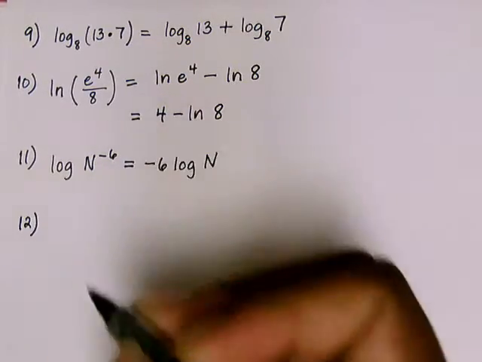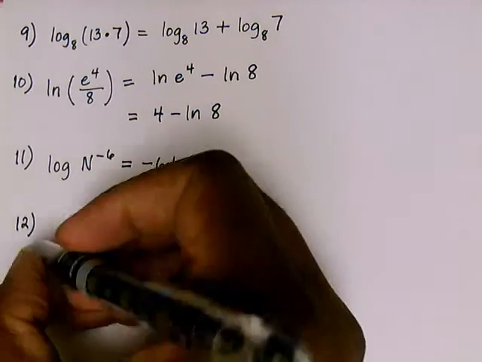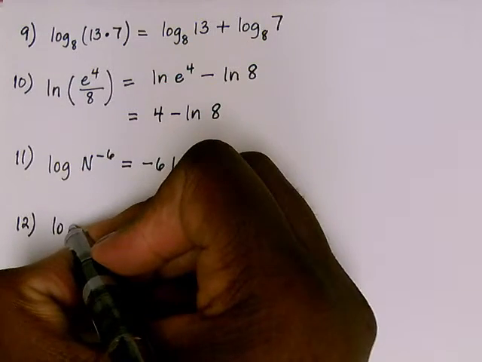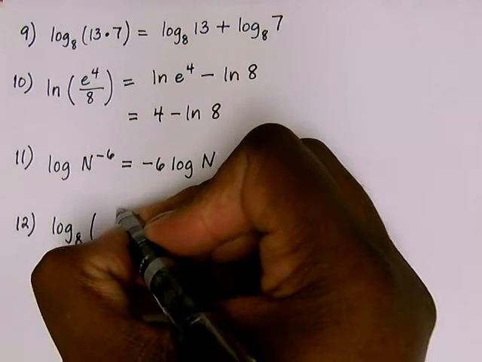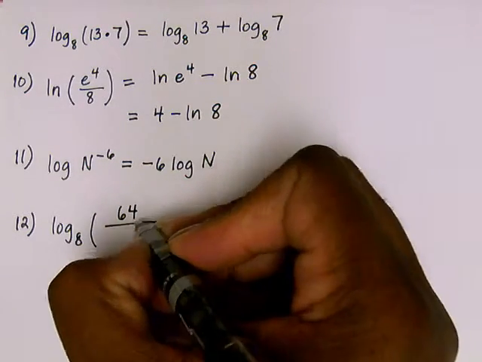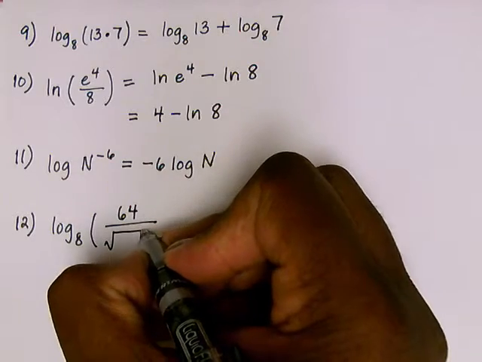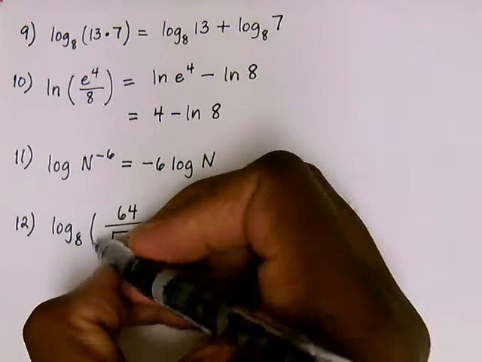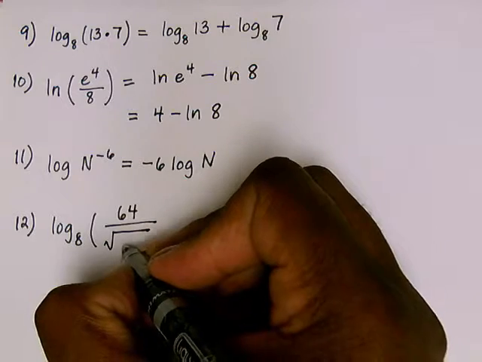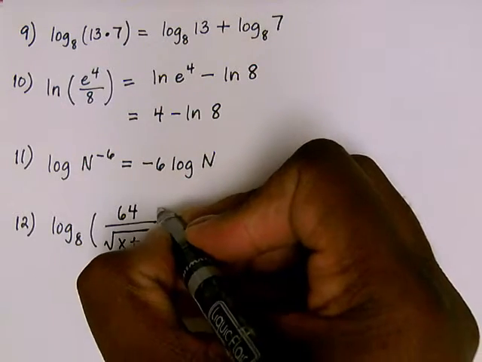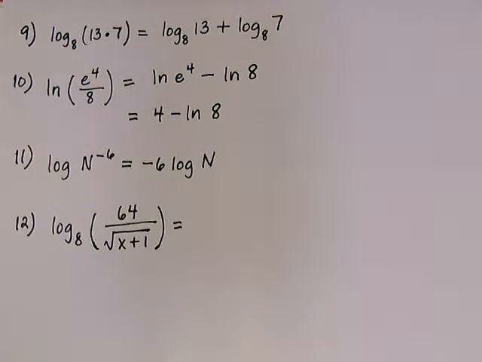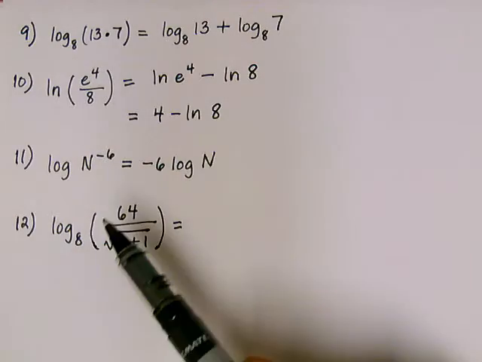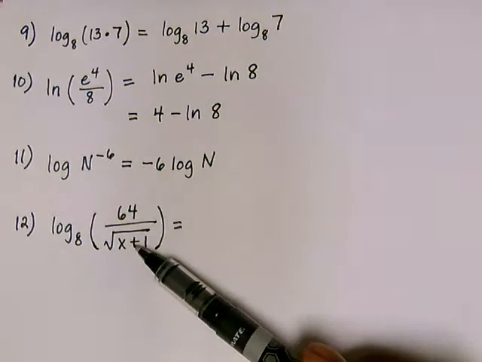Problem number 12. This one you're going to have to use a combination of those three properties for logarithms. Here we got the log to the base 8 of 64 divided by the square root of x plus 1. Now, as you can see here, we got the log of the quotient right off the top.